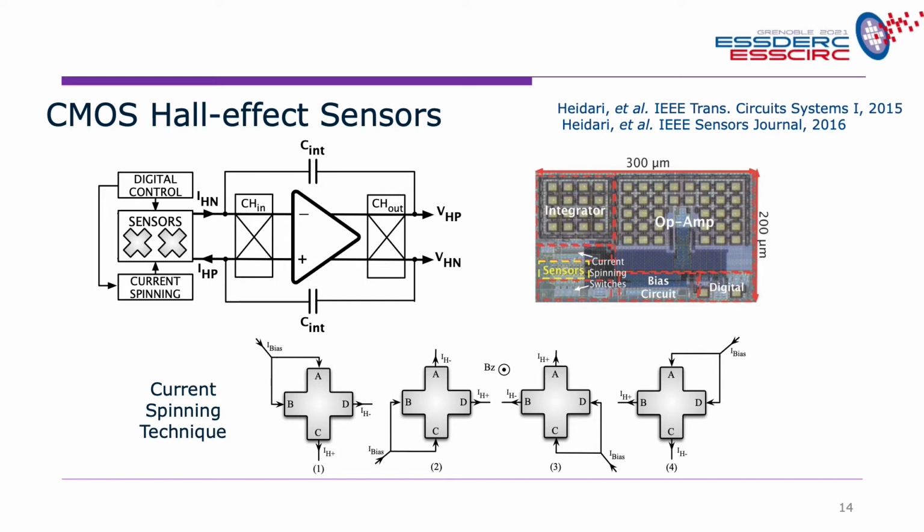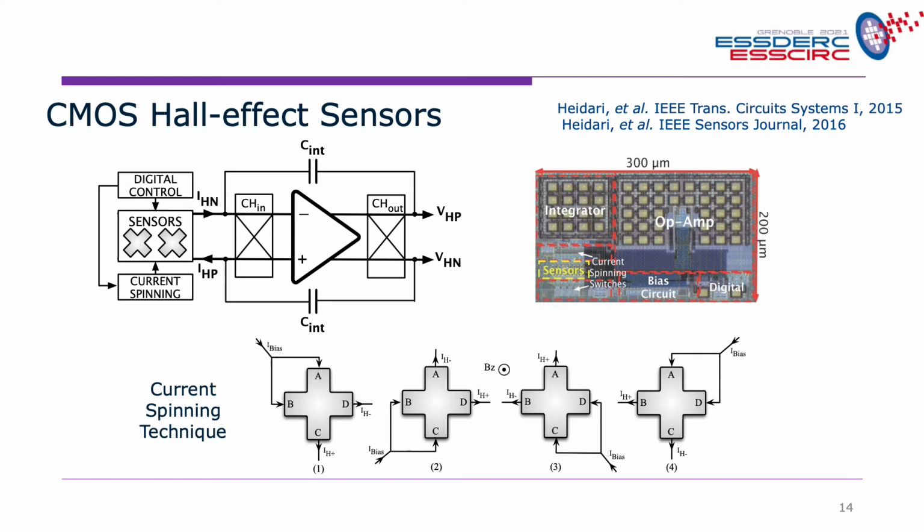The output of the sensors was read out by a chopper amplifier, which used a current spinning technique for cancelling the flicker noise.